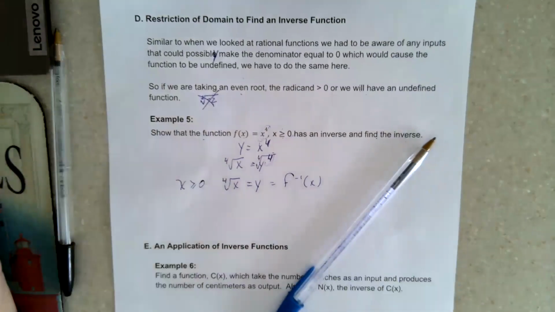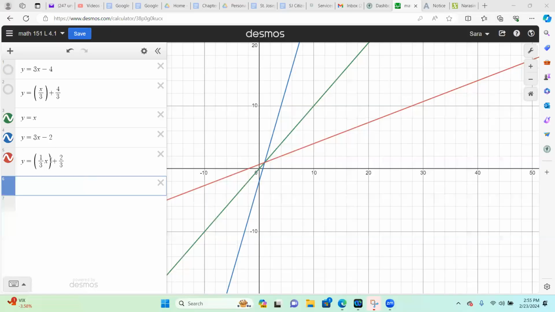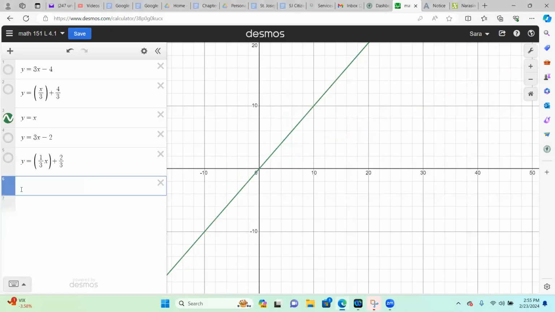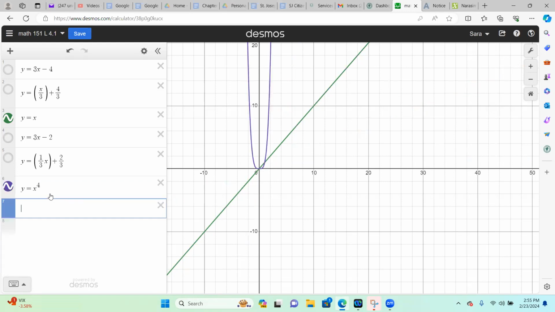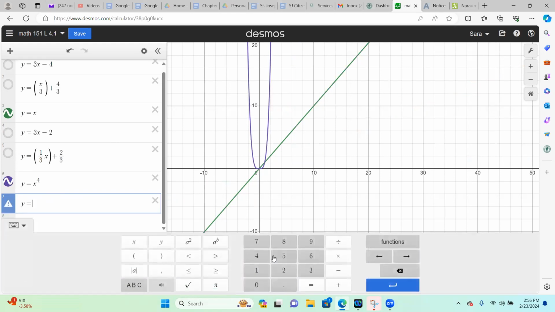Okay, so let's just go to Desmos so we can check these out. So we're going to just turn off these, and we're going to put in y equals x to the fourth. There's that equation. And we're going to really only look at the right-hand side because we only want x's that are positive. And then y equals, and to do the fourth root, we're going to have to do our menu here.